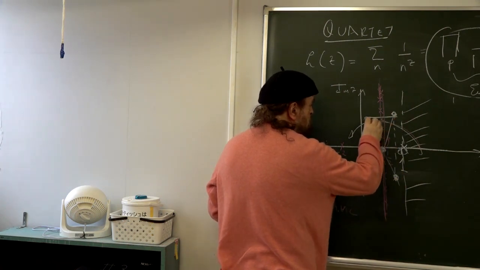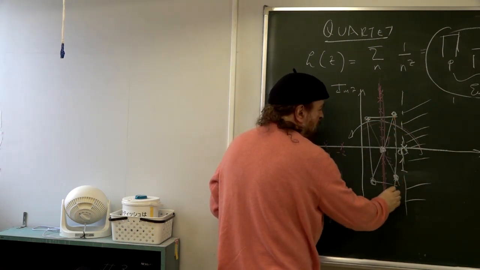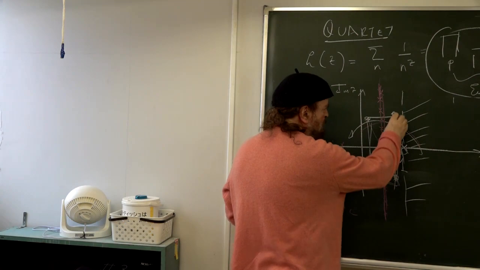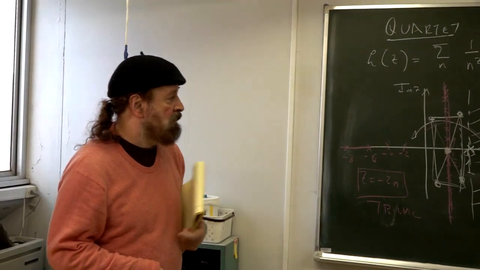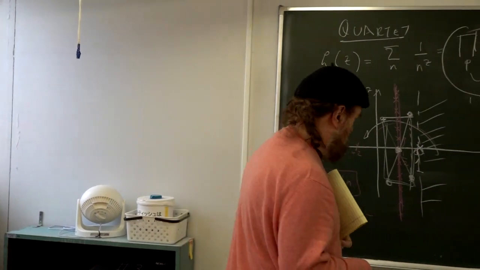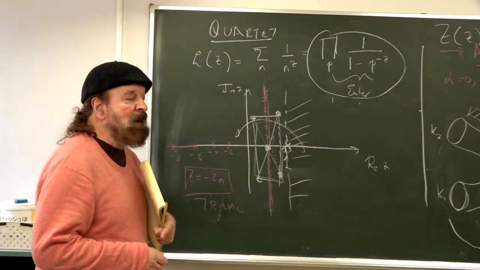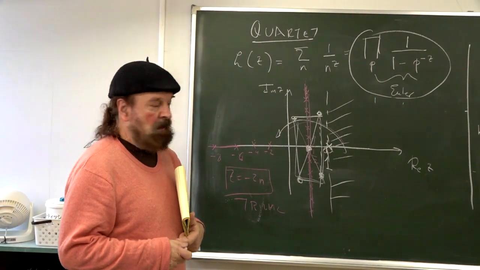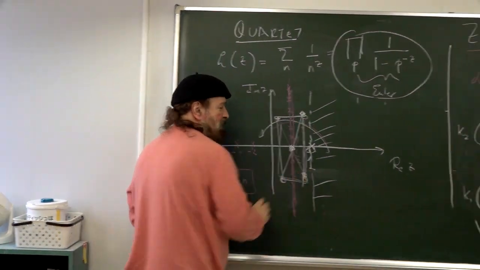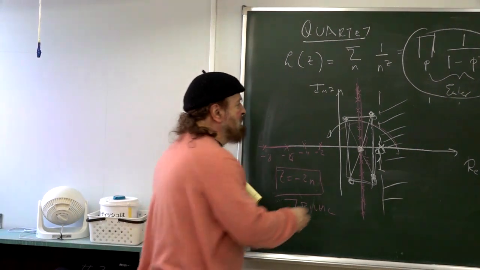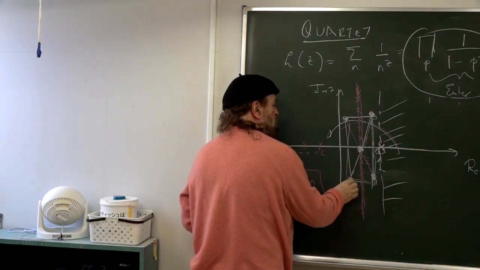So if the zeros of the Riemann zeta function violate the Riemann hypothesis, that means you're going to find zeros off the critical line, and those zeros come in a quartet. If you find a zero, its complex conjugate is also a zero, and its reflection has to be also a zero.